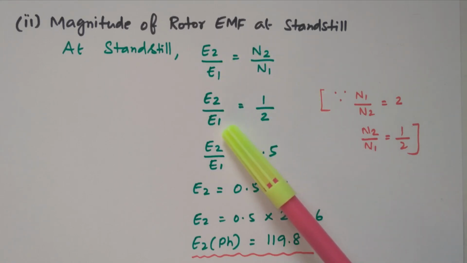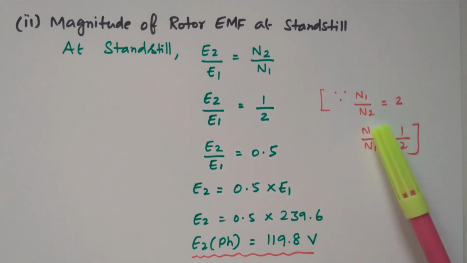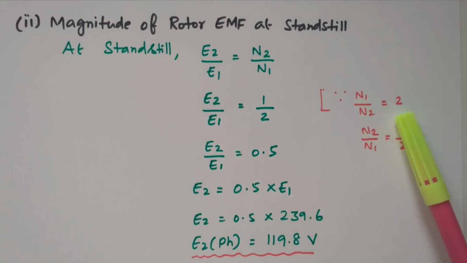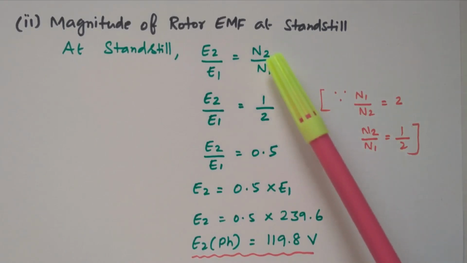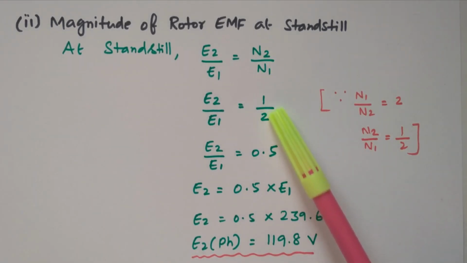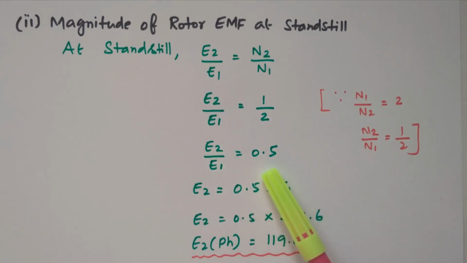So E2 divided by E1 equal to, we can write 1 by 2, because N1 by N2, the ratio of stator to rotor turns, is given as 2. N1 by N2 is 2, which means N2 by N1, taking the reciprocal, is 1 by 2. So we can replace N2 by N1 with 1 by 2, which means 0.5. E2 divided by E1 equal to 0.5.